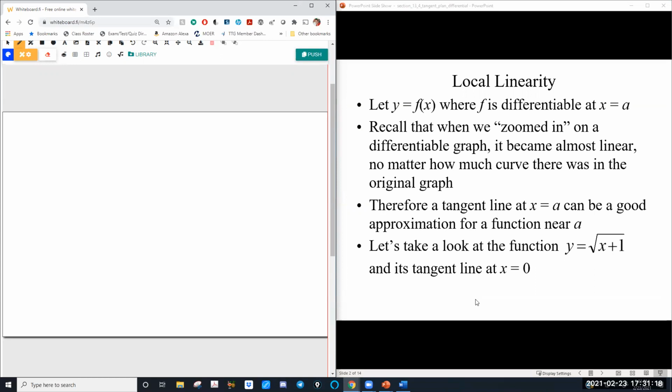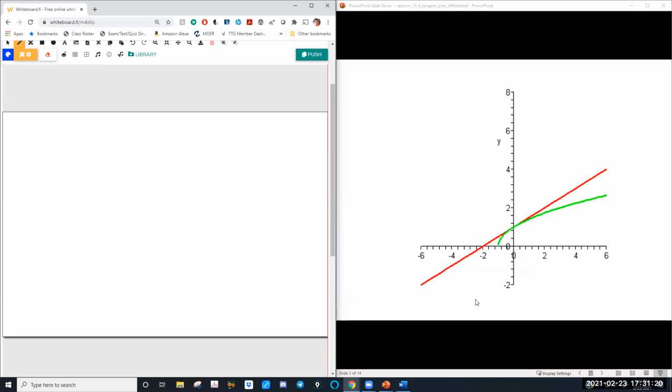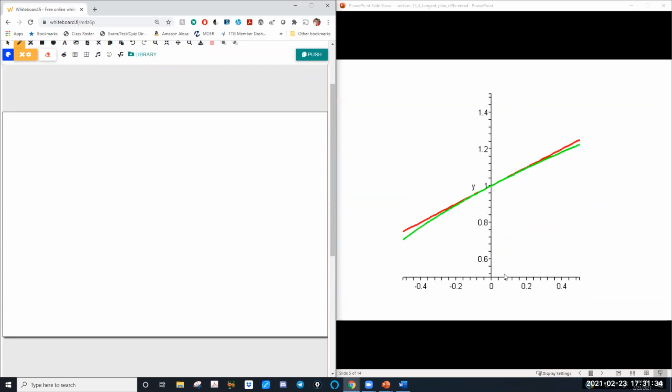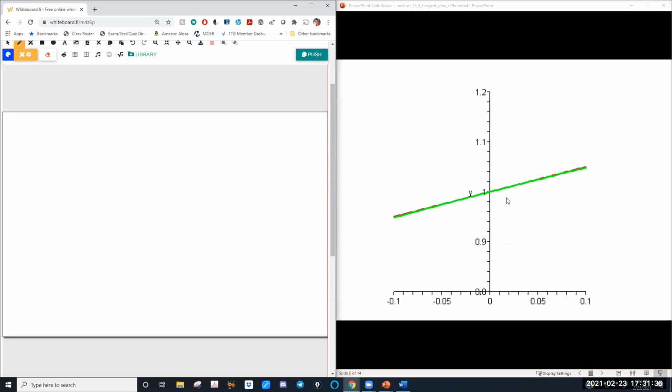I'm going to go through this part a little quick. It's not that important for us right now, but we have a tangent line, right? And the tangent line is a good representation of our curve locally, but obviously as we get further apart, the two curves get further apart. As we zoom in, we see that the two become quite a bit alike. That's what the tangent line does. The tangent line represents our function locally.